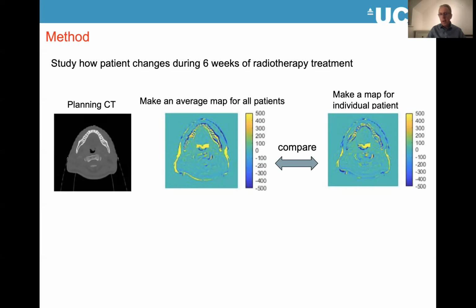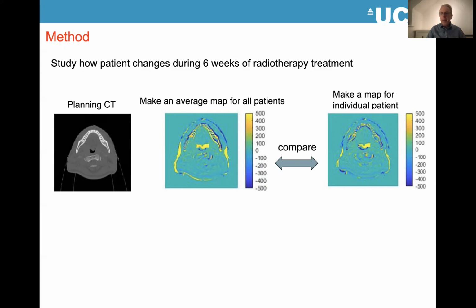And essentially, what we're doing here is taking the assumption that an average patient over a course of treatment, this particular type of treatment in this particular location of cancer, will experience a particular weight loss, largely through the radiation making it difficult for them to eat in some cases.